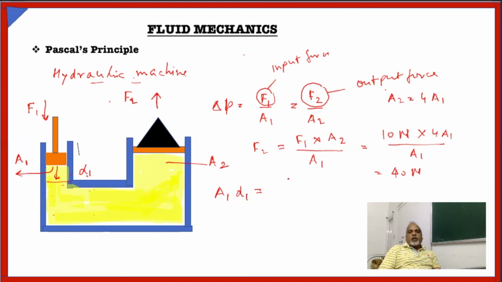Whatever volume you are displacing here, that volume should go up here, and suppose here it is lifted by D2. Since the volume is the same, correct? So here D2 is equal to A1 D1 upon A2.